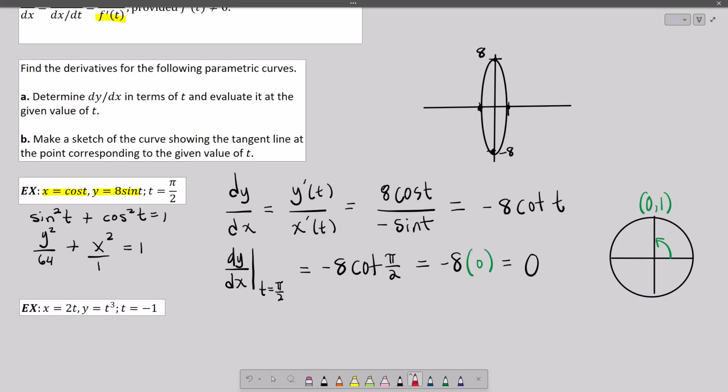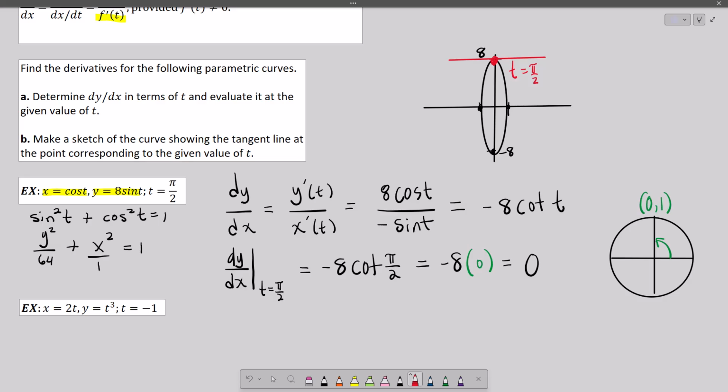So we are right here when t is equal to pi over 2, because we plug in pi over 2, and we get 0, 8. So that's the location on the parametric curve at pi over 2. And we just saw that the slope of the tangent at pi over 2 is 0, so we have to have a horizontal tangent line there.